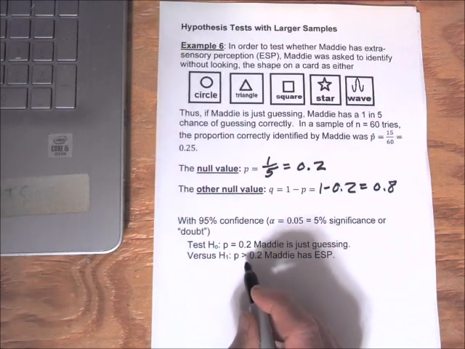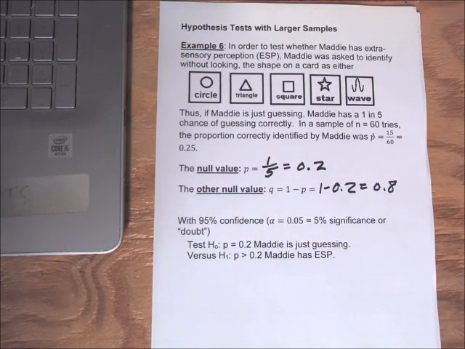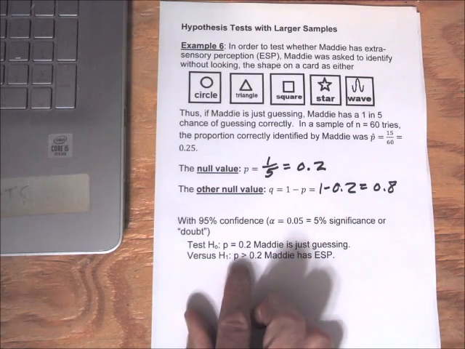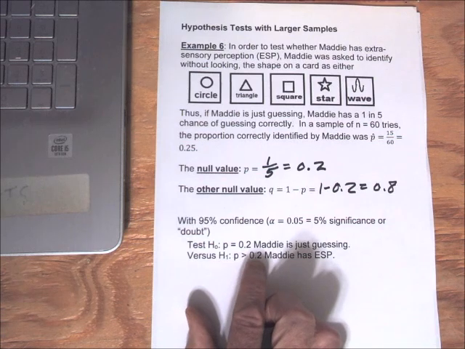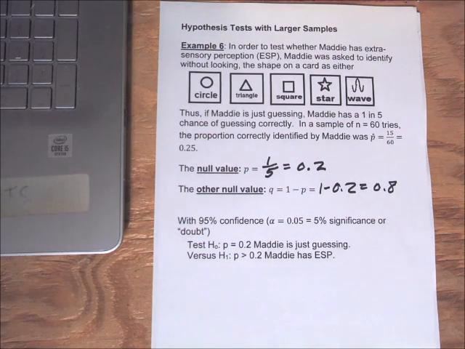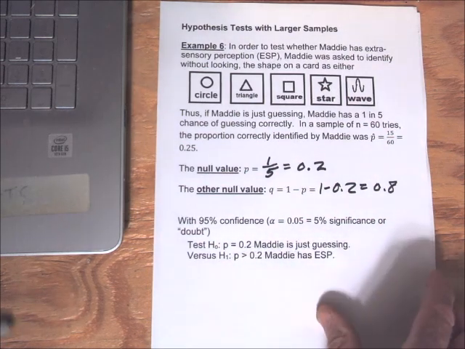So we have a right-tailed test here. If Maddie gets less than Maddie would get right by guessing, we're not going to think that Maddie has ESP. We'll just think that Maddie got unlucky in guessing. But if Maddie gets more than Maddie would get by just guessing, then we might think that Maddie has ESP. So this is a right-tailed test.